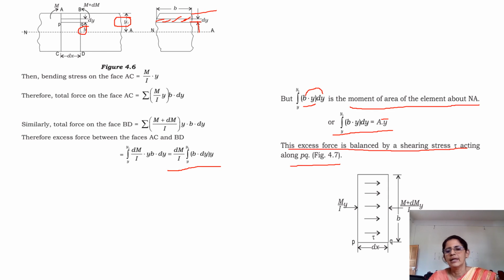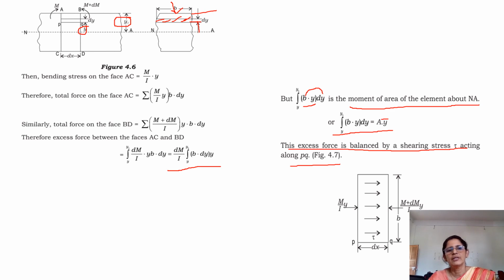So this is the plan of the particular cross section. If you look from the top of this particular element, you will have the width as dx and the depth as b.